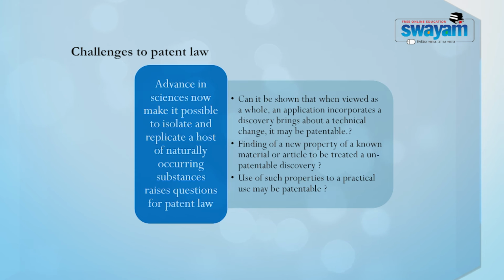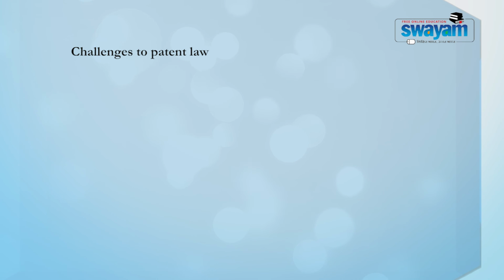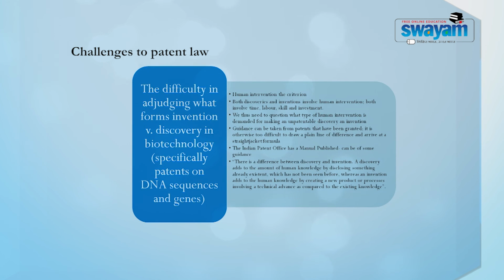Whether the use of such properties to a practical use may be patentable, or whether you need something more? There is difficulty in adjudging what forms invention vis-a-vis discovery in biotechnology, specifically in relation to patents on gene sequences or expressed sequence tags. Primarily the arguments are that there is a human intervention criterion.